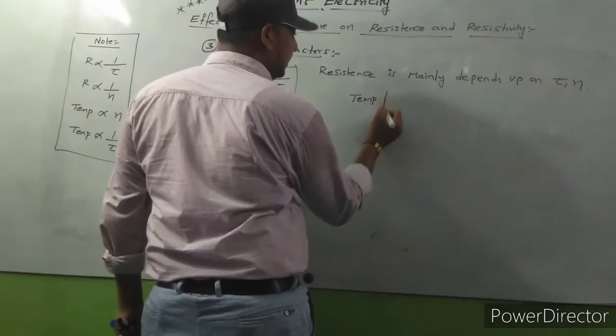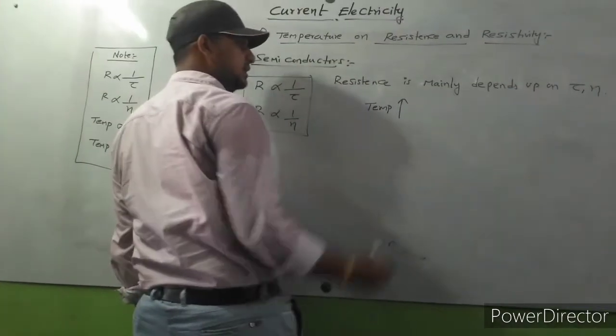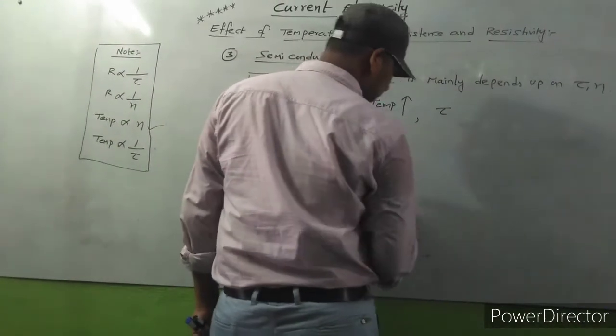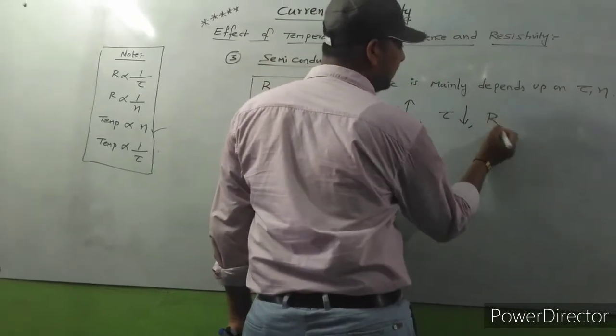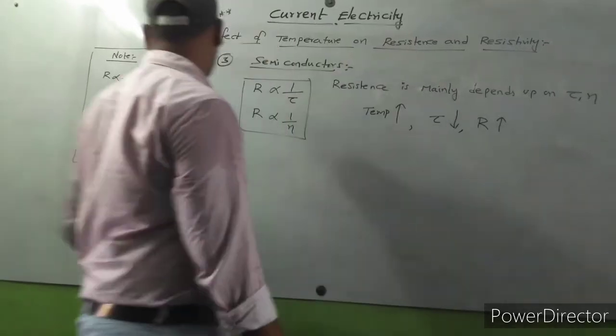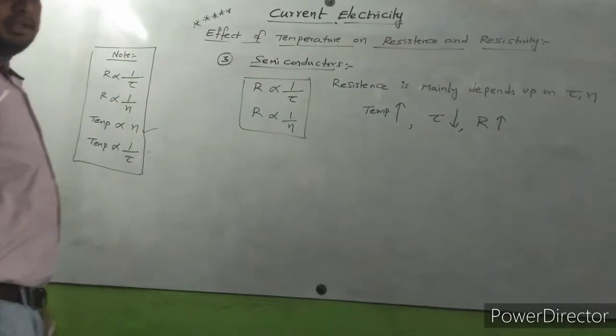You know already, temperature increases means tau value decreases. Tau value decreases means resistance increases. These are the note points.